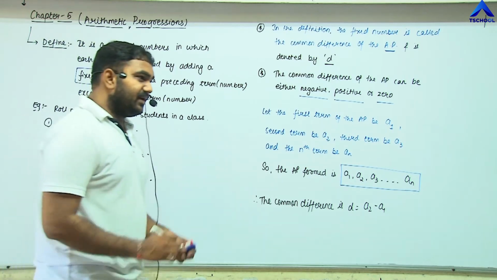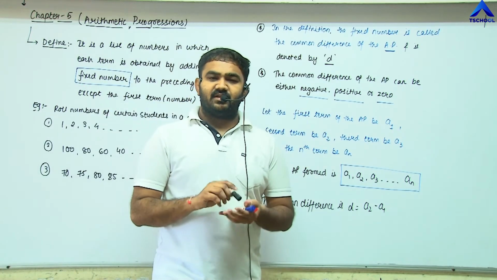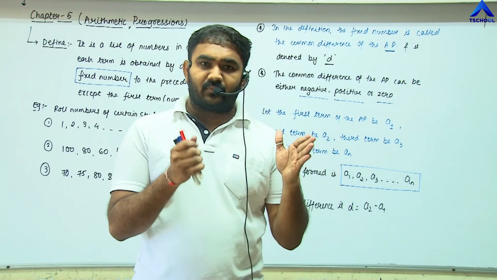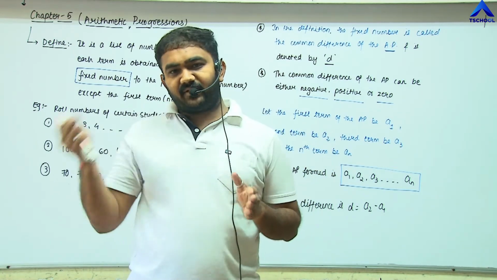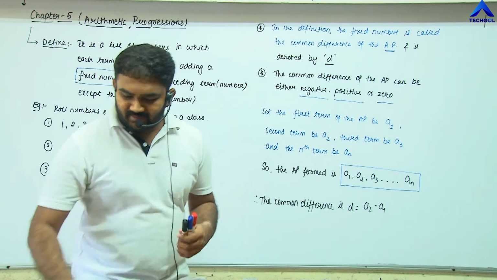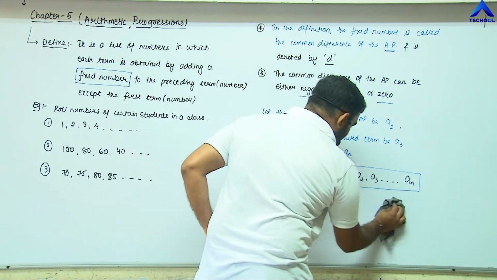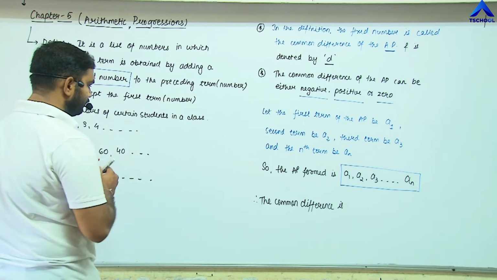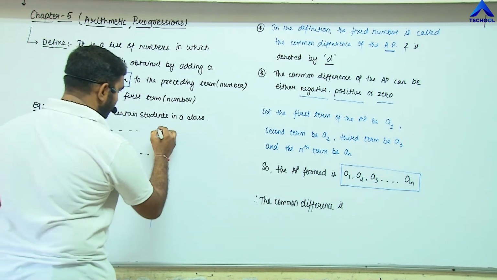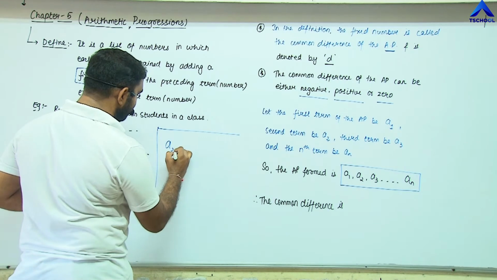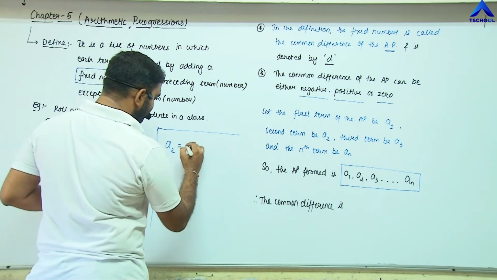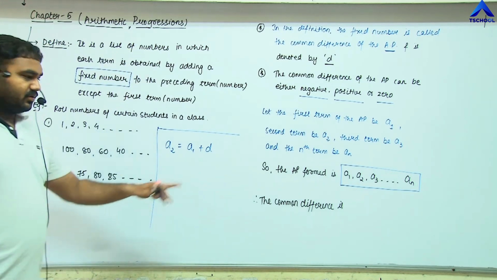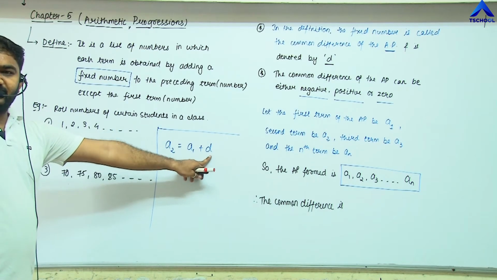So finding out that difference, we know that the second term is obtained by adding the fixed number to the first term. That means in general terms, the second term a2 is obtained by adding this common difference, the fixed number.